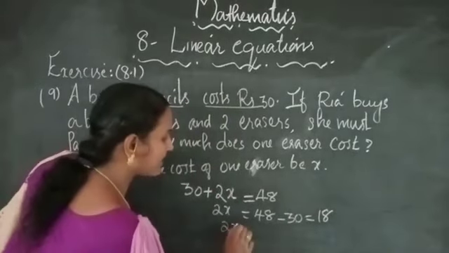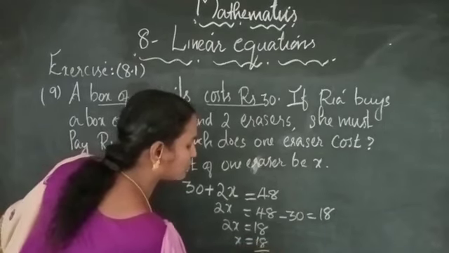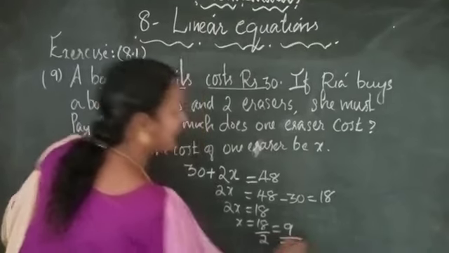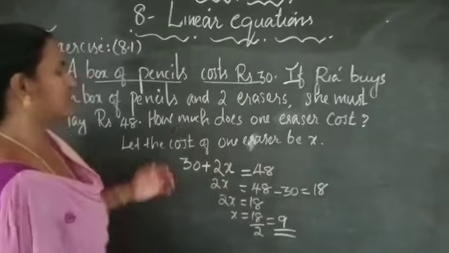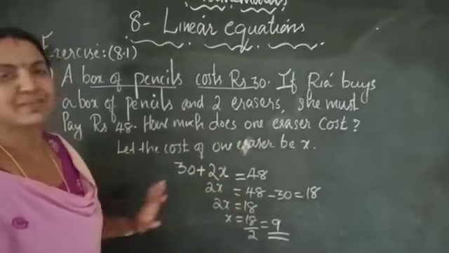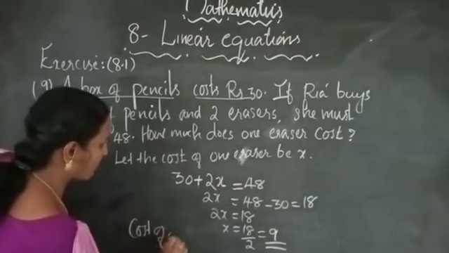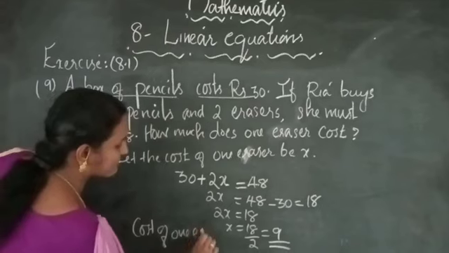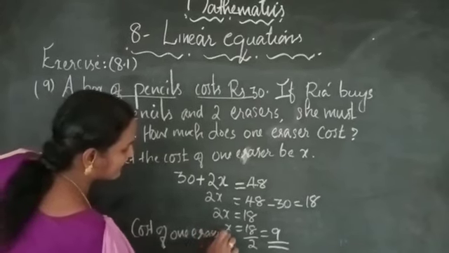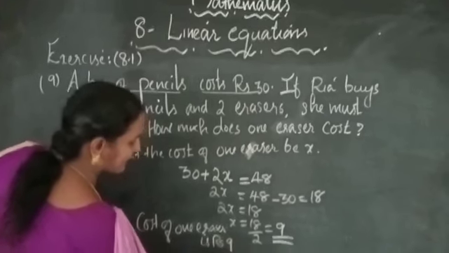So 2x is equal to 18, x is equal to 18 by 2, which is 9. So x is equal to 9. So the cost of one eraser is rupees 9.